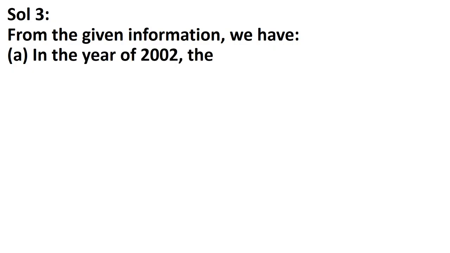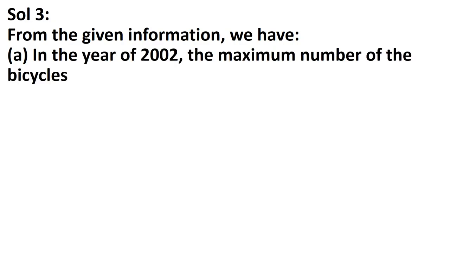Solution 3. From the given information we have, in which year the maximum number of bicycles manufactured? In 2002, and minimum number of bicycles manufactured? 1999.